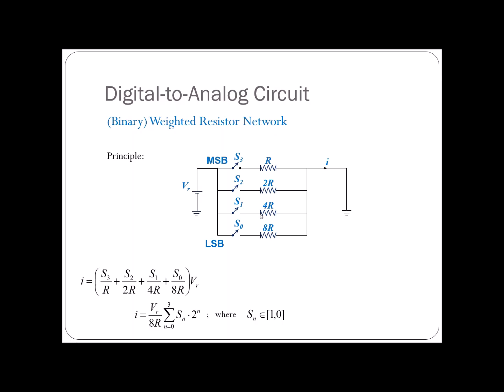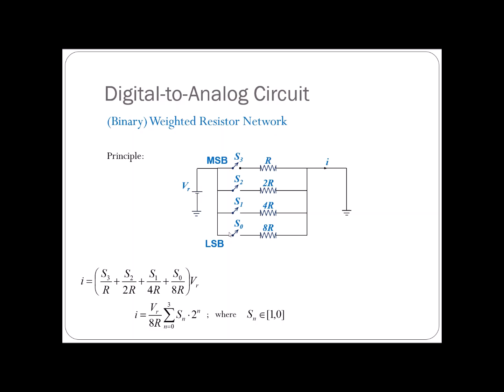But we only have 4 bits here. Let's say I have the value 0, 0, 0, 1. So the least significant bit is 1 and the rest are 0, which in decimal is equal to 1.